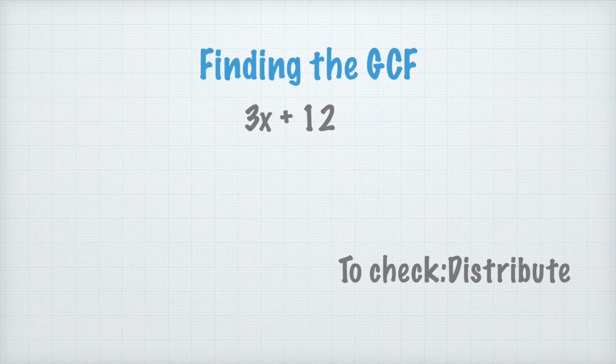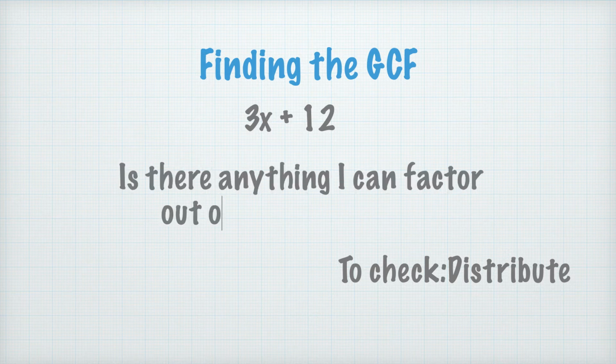All right, so now, here we go. What you're looking for is the greatest common factor of both terms. So I have here 3x plus 12. What can I factor out of both terms? What is the greatest common factor of both 3x and 12? If you said 3, you would be correct.